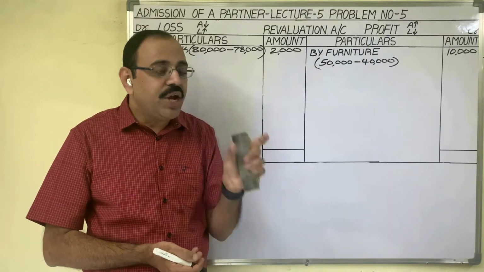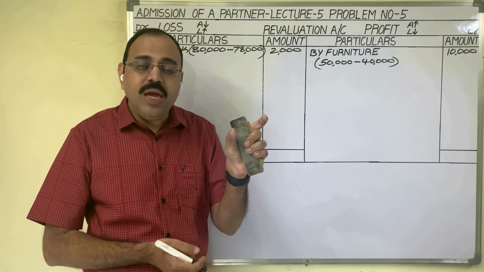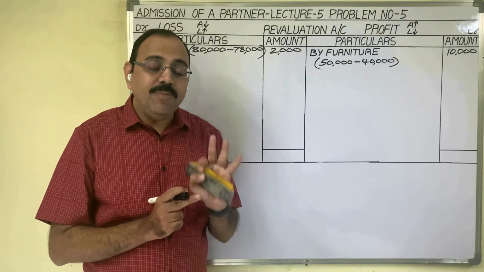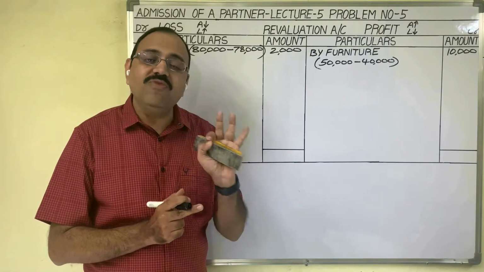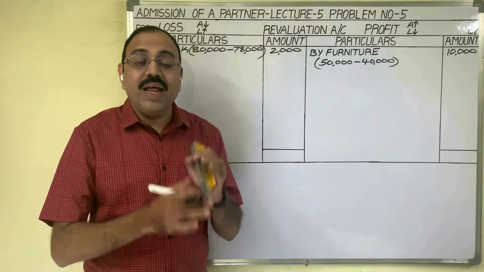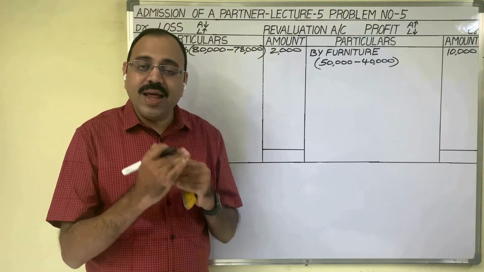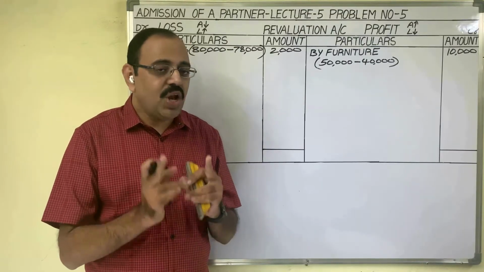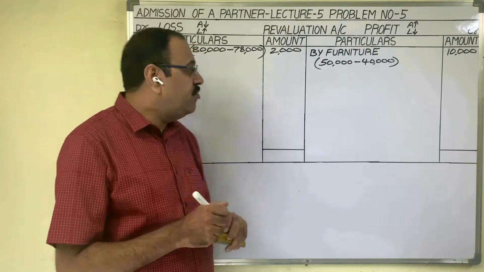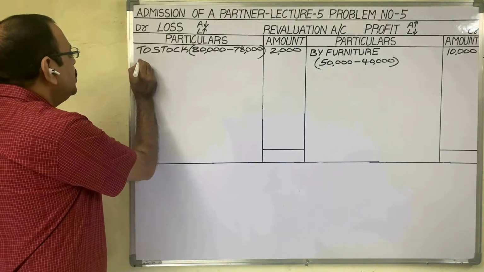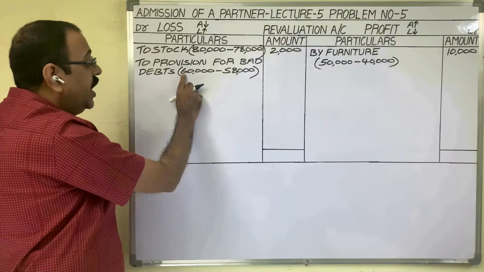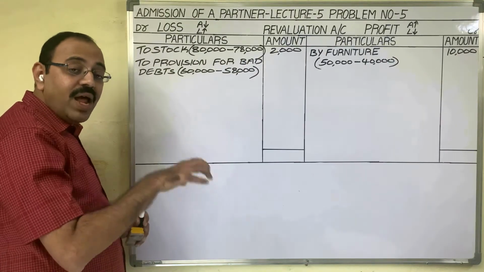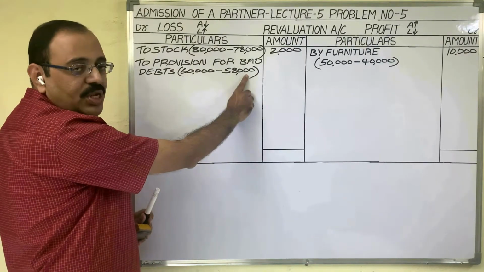If debtors value reduces, it may be bad debts or provision for bad debts. So I am taking this 2,000 as provision for bad debts. Debtors is an asset, and asset value is decreasing. It is a loss. It should be debited. We should write to provision for bad debts. Debtors' old balance sheet value is 60,000 rupees and the revalued amount is 58,000 rupees.